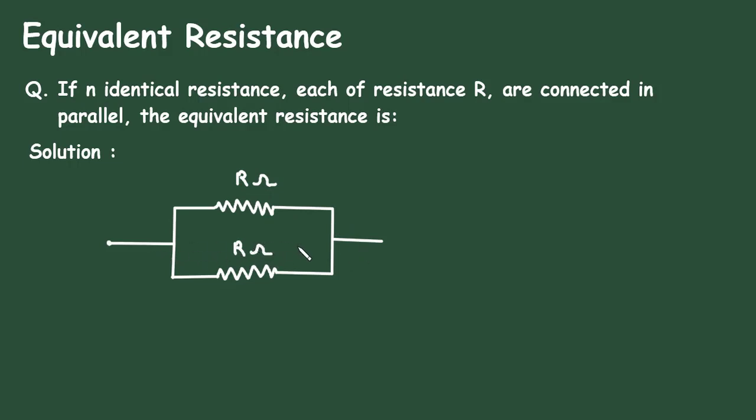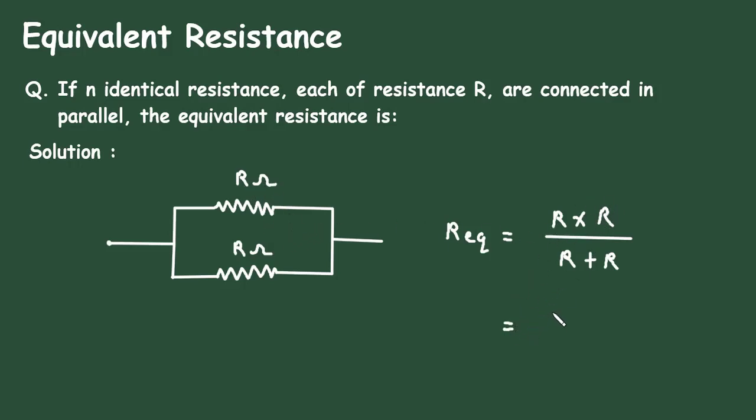So their equivalent resistance will be, we know that R EQ is equal to R into R divided by R plus R. Or when two identical resistances are present in parallel, their equivalent resistance is half of it. So let's verify it.